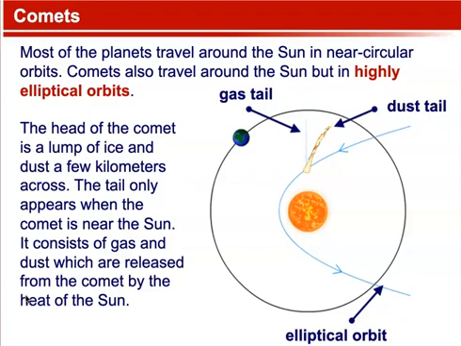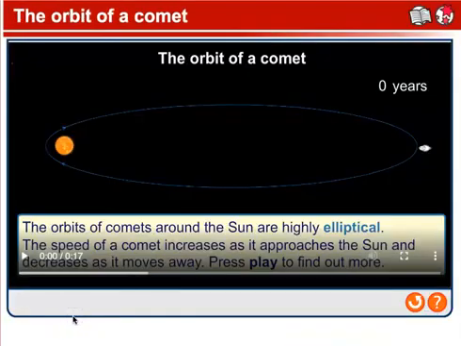It consists of gas and dust which are released from the comet by the heat of the Sun. This animation is based on the orbit of Halley's Comet. Halley's Comet is atypical because it orbits the Sun in a clockwise rather than counterclockwise direction.